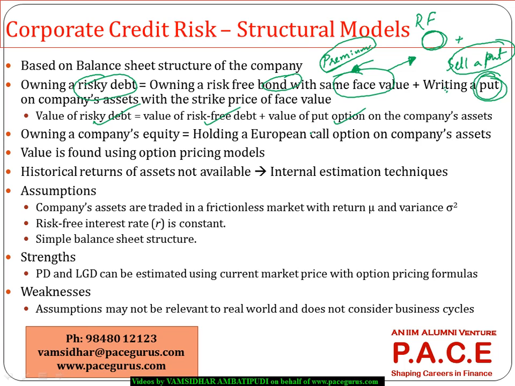So even for this we can go ahead with a Black-Scholes based option pricing formula, because I am writing a put option. So for a put, what is the formula for the value of the put option?